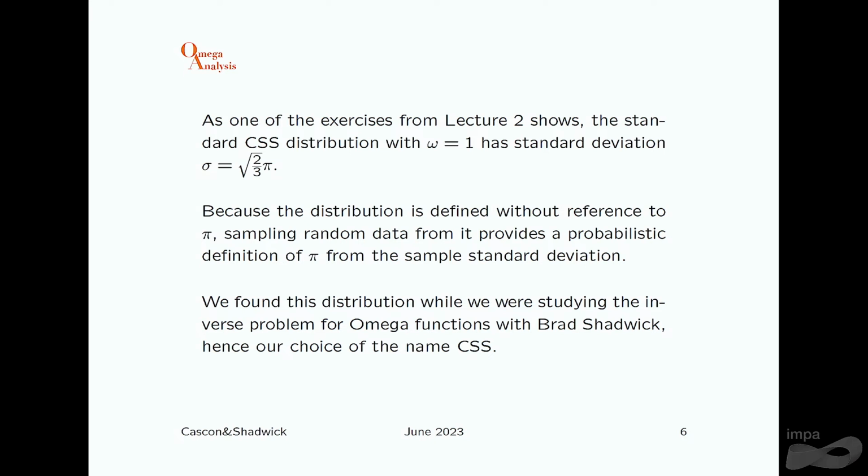If you've got a computational facility, just generate a lot of random numbers in [0, 1], invert them to get the value of the CSS there, and then compute the standard deviation of the sample and compare it with the root of 2/3 times pi.